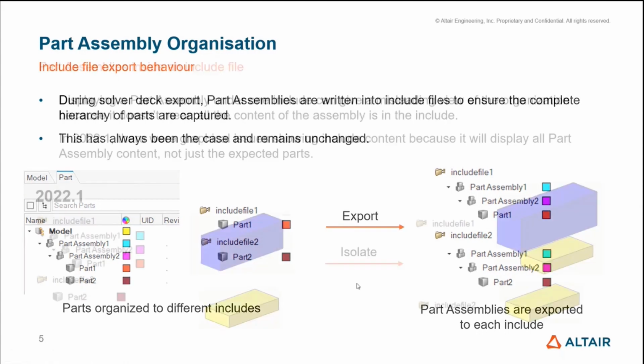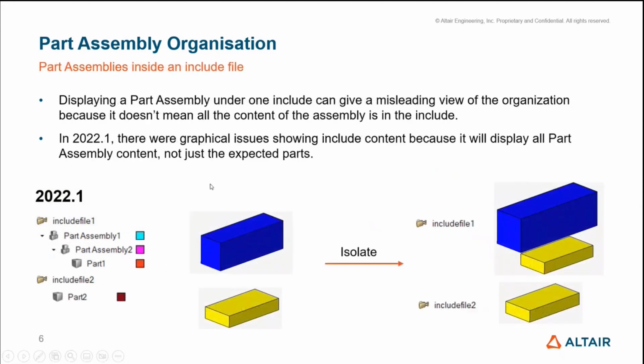So what we were seeing previously, when you were looking at your model, you would see the part assembly was organized into one of the includes. You can't see that it's in both. So it was giving a misleading view of the model organization, because where the part assembly lives in the include doesn't necessarily mean that all of the content of the part assembly also lives there.